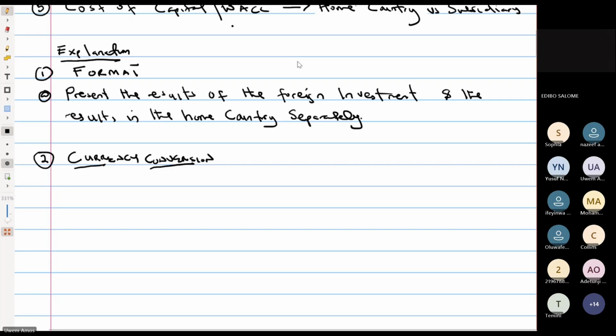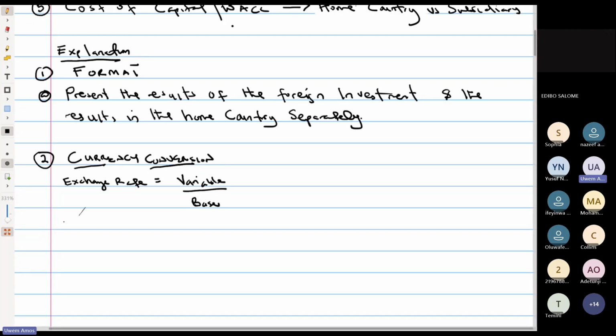Exchange rates are often presented in the format variable against base. The variable is the number of units required to buy a single unit of the base.